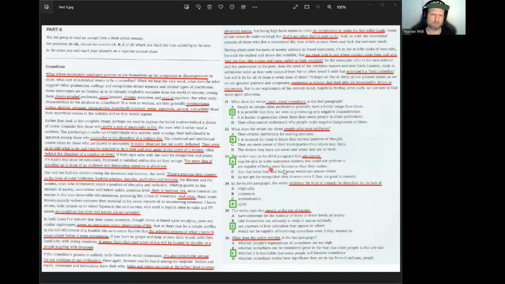They are capable of being more humorous than they realize. I think those shy people are aware that they can be funny. They are just shy. So they know they can, but then they prefer not to reveal their name, for example. The fear that what they find humorous would not amuse others, I also disagree with that, because again, it talks of several examples where people publish their jokes and they do not get the recognition they deserved, even if they're good at comedy.